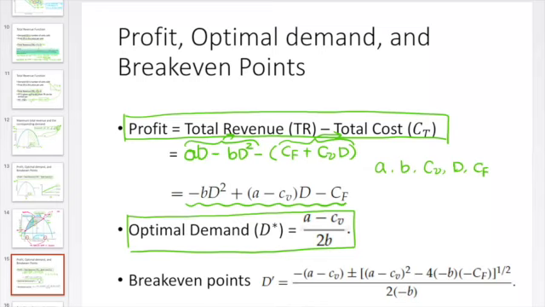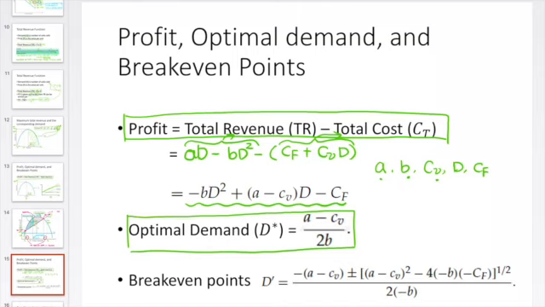So D star is (A minus C_v) over 2B. So whenever you know the A, the B, the C lowercase v, you can calculate your D star. You can calculate what is the demand to maximize the profit.